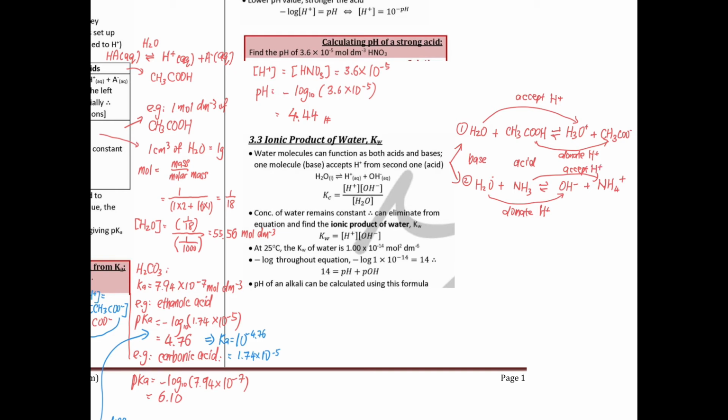So here, H2O, which donates H plus, acts as an acid. Ammonia, which accepts H plus, acts as a base. From these examples, you can see that the water molecule can function as an acid, as in example 2, and can function as a base, as in example 1.